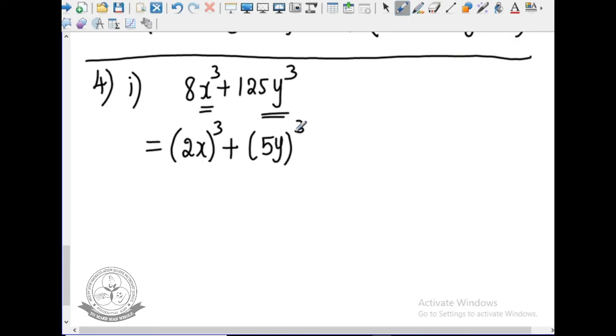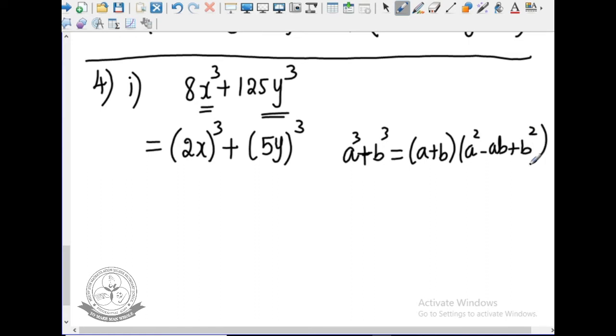Okay, so it is a cube plus b cube. The formula is a plus b into a square minus ab plus b square. Okay, so here a is equal to 2x and b is equal to 5y.